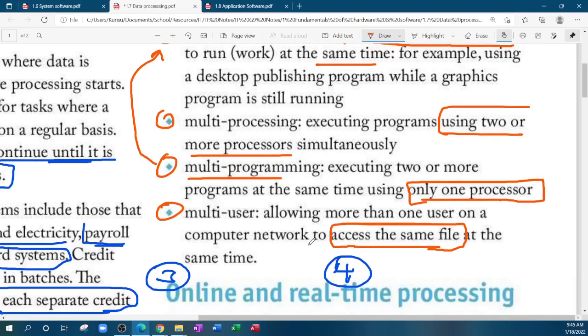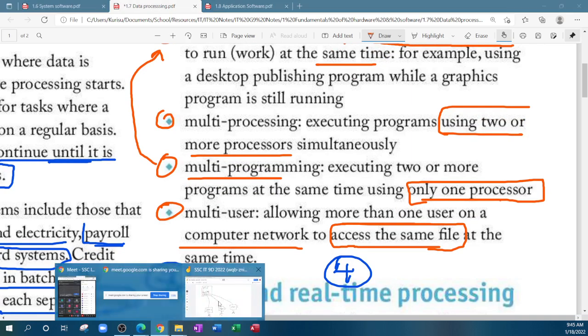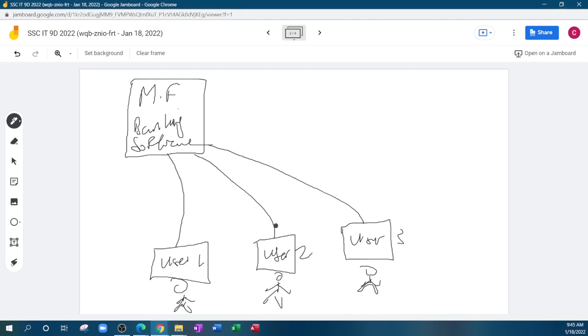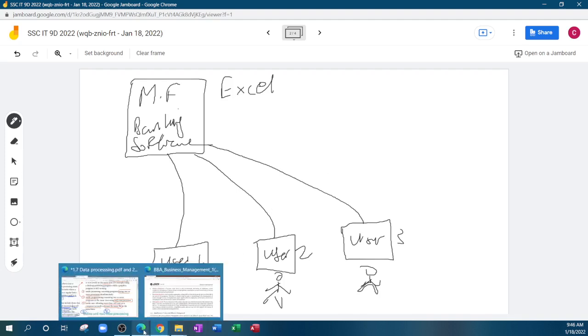You're going to have access to the same file, so over the network. So there's going to be a network. So this line here represents the network connecting to this single mainframe computer, and there could be a file on this mainframe. For example, say an Excel file that is on this mainframe computer, and all of these persons here can access that one Excel file. That there is multi-user.